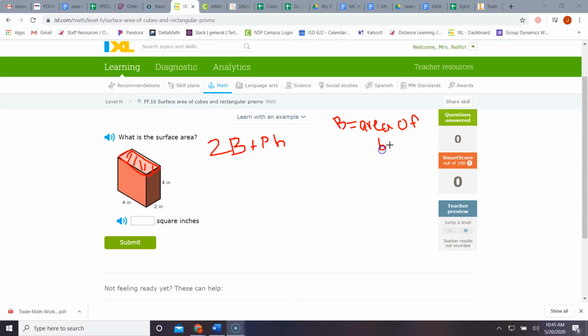And in this one, we have different bases. Okay, so you can see this rectangle on top here. You also have a rectangle on the side, and it looks like this other one is a square. You can see the height is 4, and you can see that the base of this side is 4. So when you're talking about rectangular prisms, you get to choose which one you're using. Okay, P in these equals perimeter.